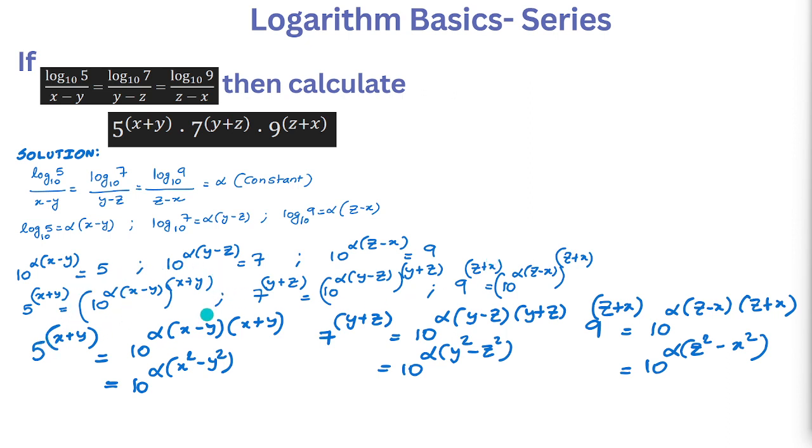For this expression, we get 10 to the power of alpha times x minus y times x plus y, and that gives us 10 to the power of alpha times x squared minus y squared. Similarly, this gives us 10 to the power of alpha times y squared minus z squared, because it's alpha multiplied by a difference of squares expression. All you have to do is use the difference of squares identity. And similarly, it's alpha multiplied by z squared minus x squared. Just difference of squares, guys.